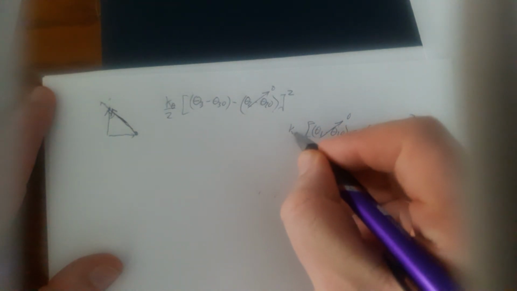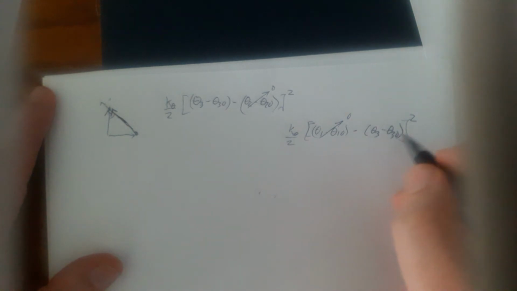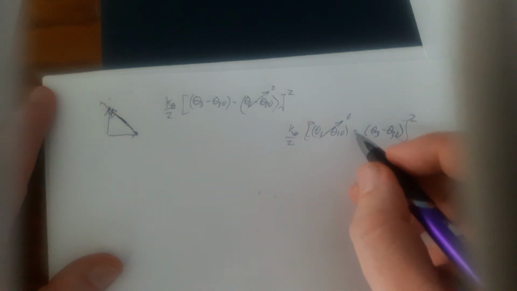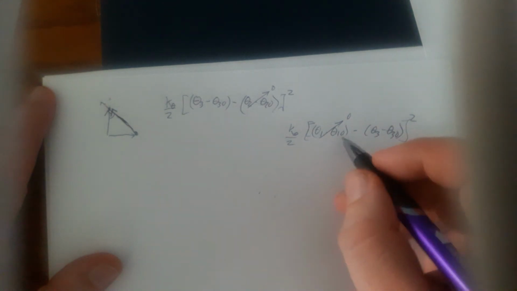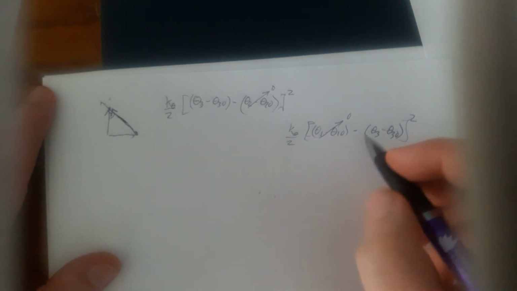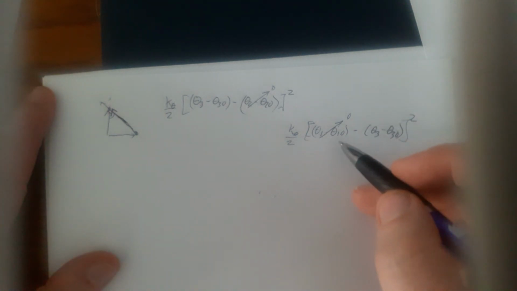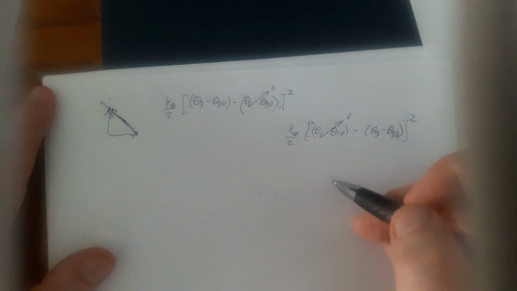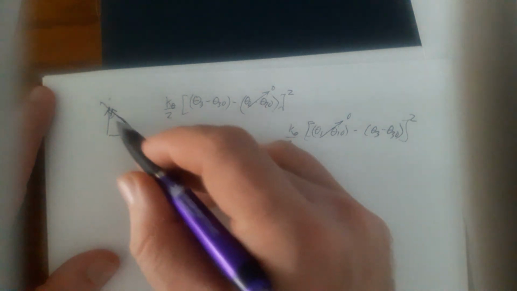Sorry, there's a k theta over 2 out front. But this is the expression for potential energy, and sure, there's a negative here, but the squared takes care of that. And so it's kind of interesting how it works out that these just amount to something very similar, even though they're on different corners of a triangle.